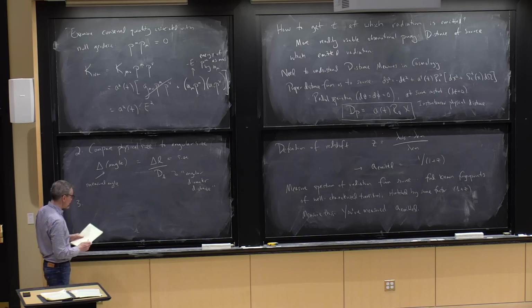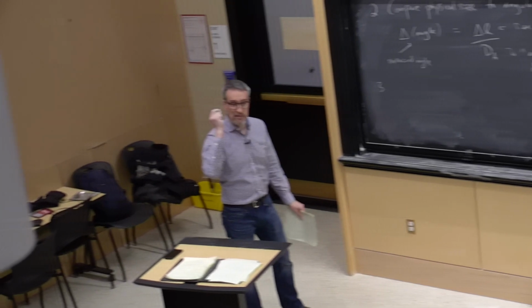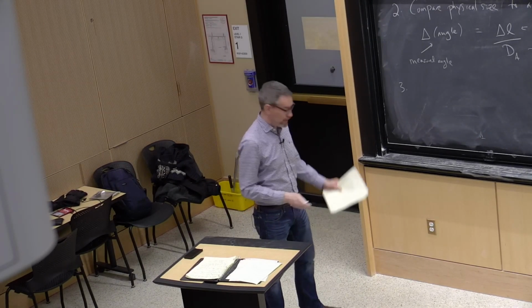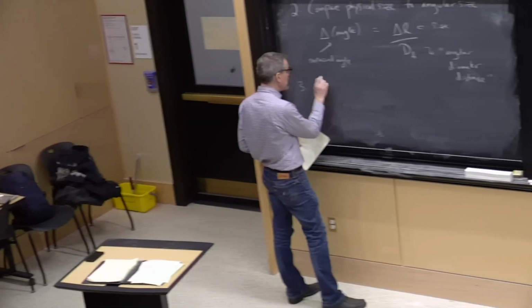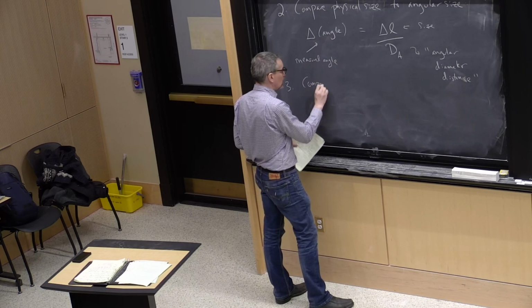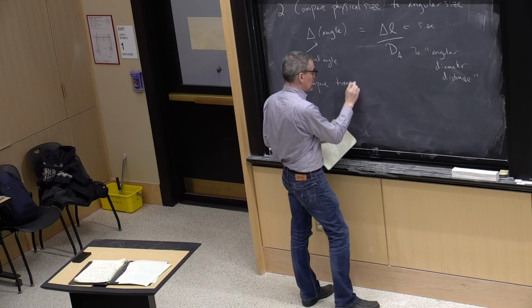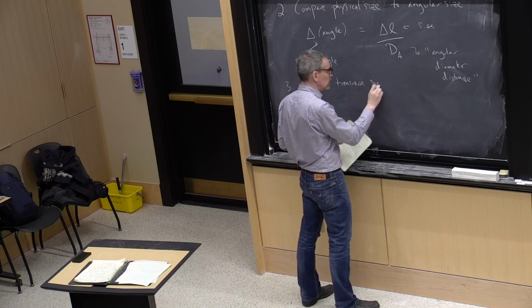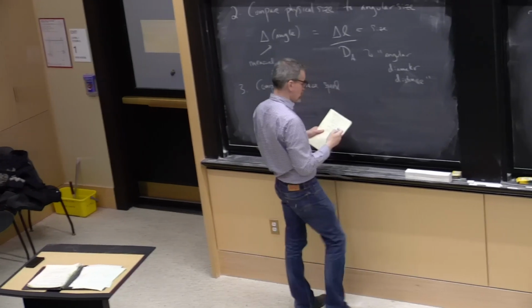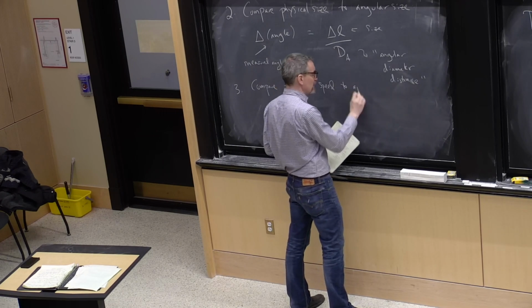Finally, at least as a matter of principle, imagine you had some object that's moving across the sky with a speed that you know. You could compare that transverse speed to an apparent angular speed.